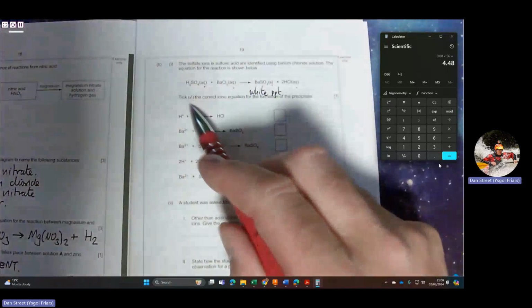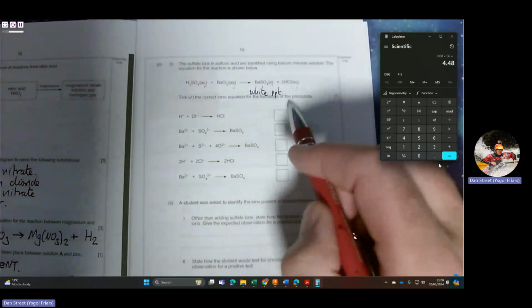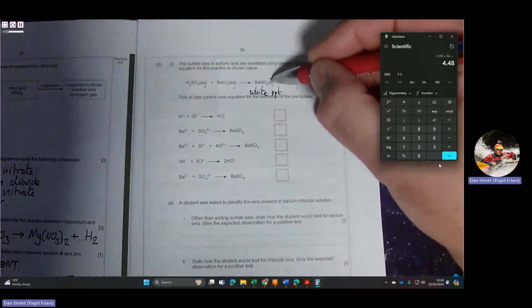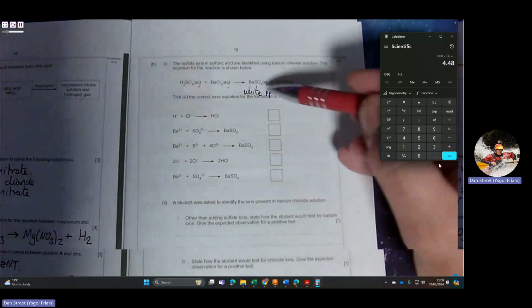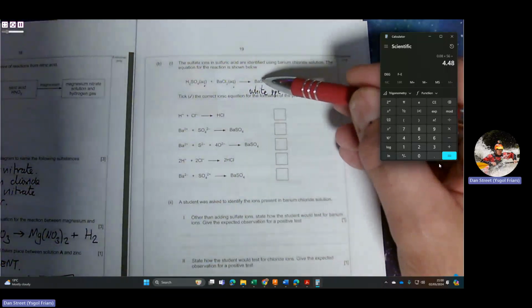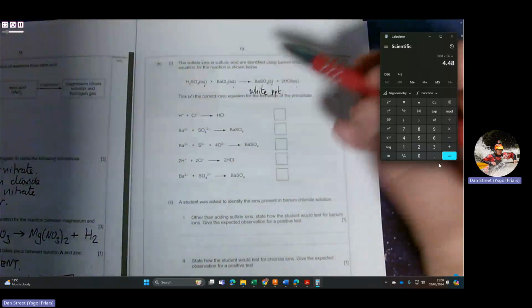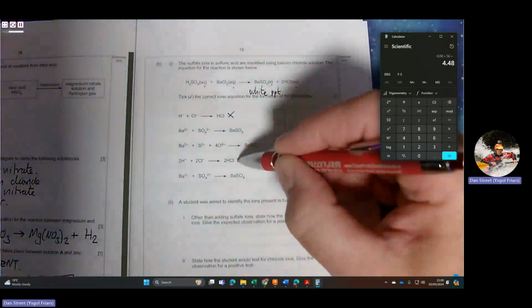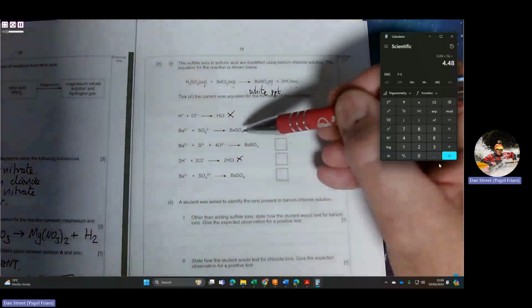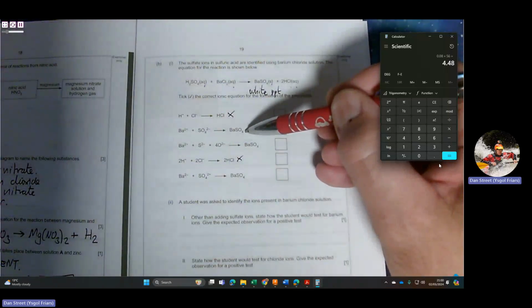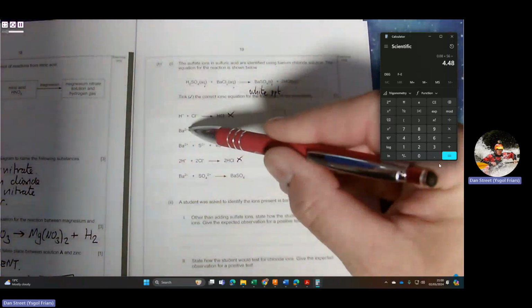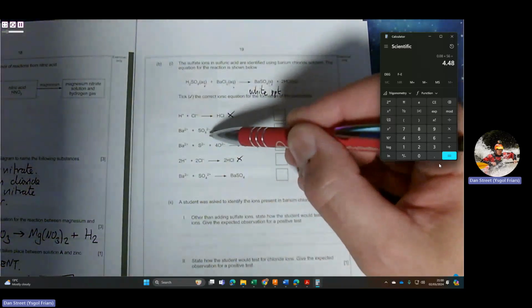Okay, so tick the correct ionic equation for the formation of the precipitate. It is that solid that we need to bear in mind, because that's the precipitate. So we need to find the one that's got a precipitate. So it's not going to be that one. It's not going to be that one. So it could be this one. And in fact, looking at it, we've got the barium ion, which is 2+, and the sulfate ion, which is 2-.